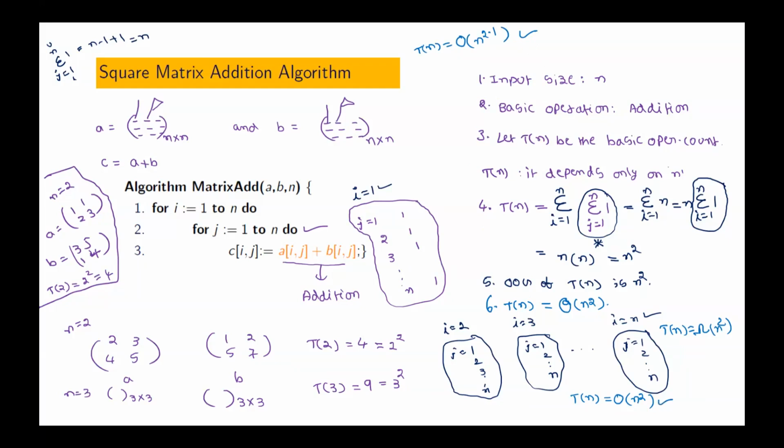Big O of n square, because big O notation gives an upper bound, and the upper bound should always be as small as possible. Then it becomes very close to the actual order of growth of T of n. That's why n to the power 2.1 is correct, but it is not our preferred answer. Nobody writes like that.